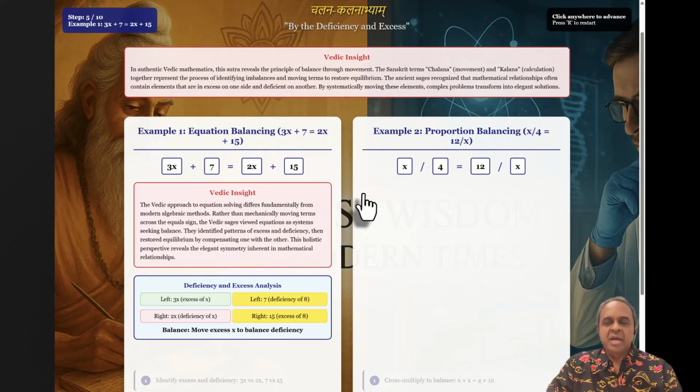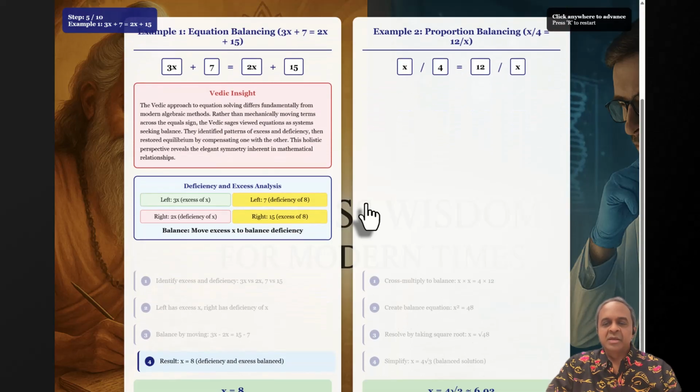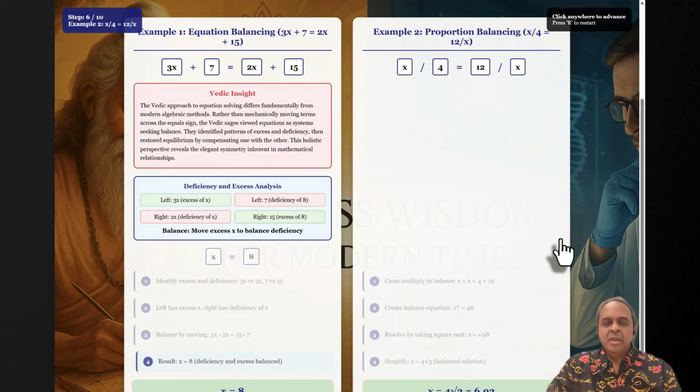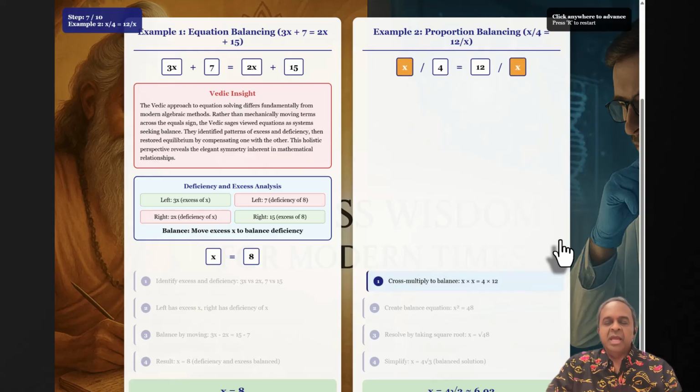So let's look at another example, which is proportion balancing. Here, x divided by 4 equals 12 divided by x. So again, you're doing the cross multiplication to create the balance.